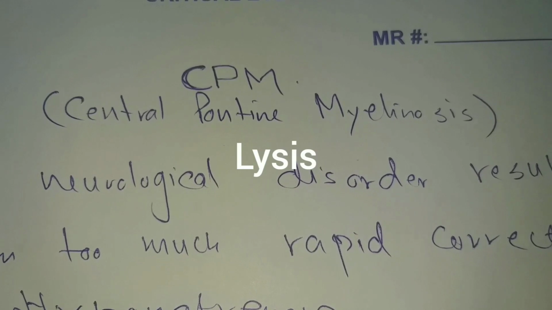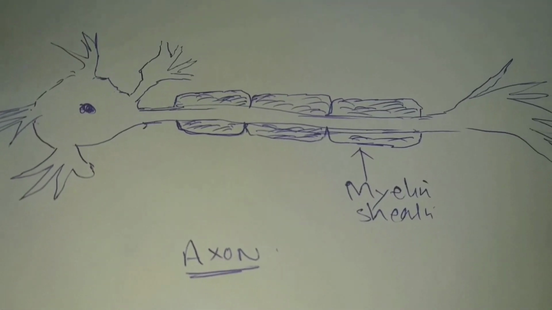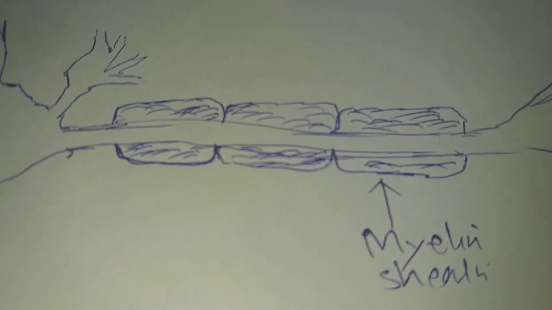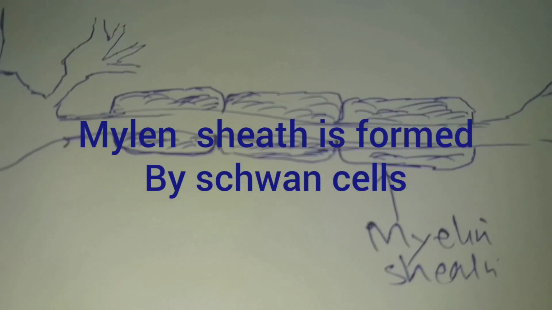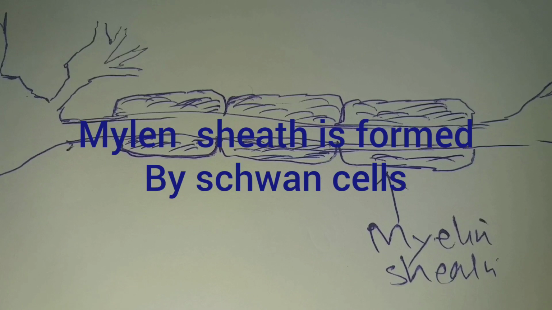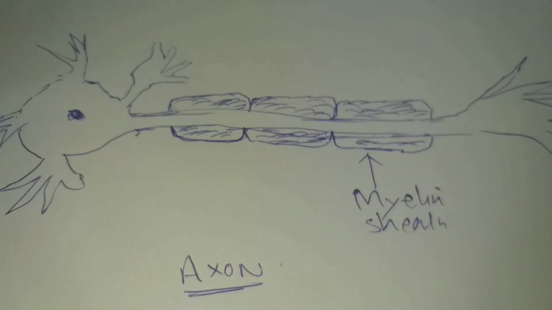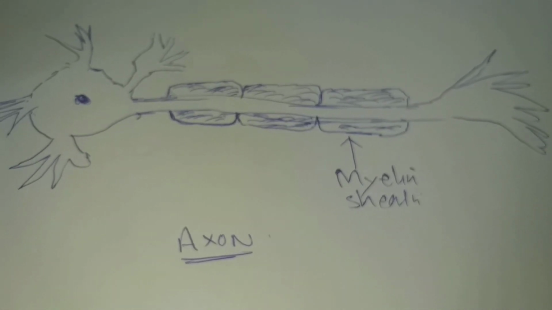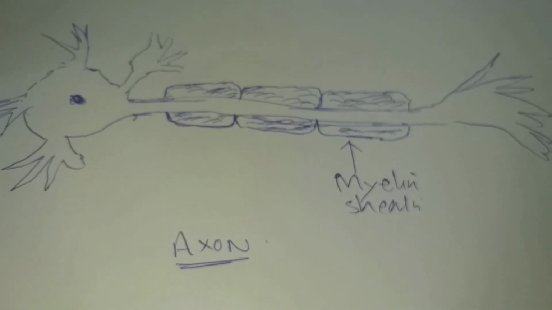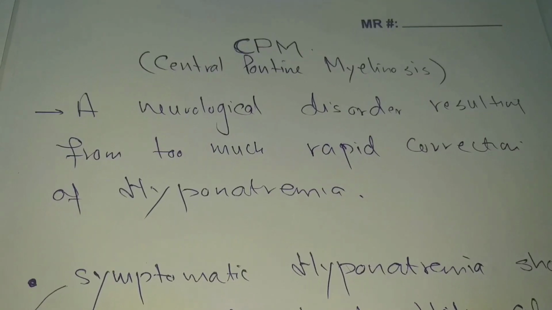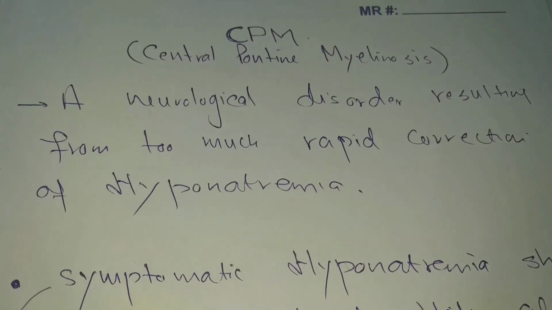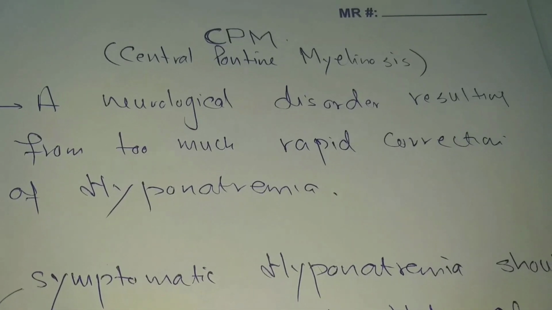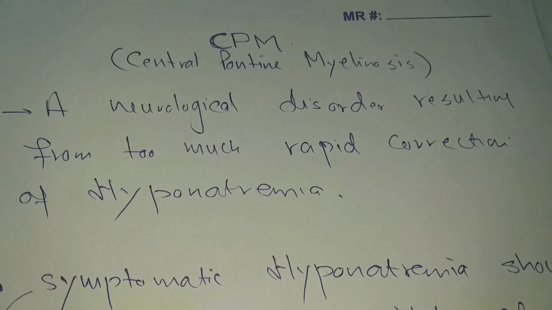What is the myelin sheath? The myelin sheath covers the axon, and whenever there is damage to the myelin sheath, we call it myelinolysis. And in case of the CPM, this myelinolysis happens as a result of rapid correction of the hyponatremia. The definition of the central pontine myelinolysis is a neurological disorder which results from too rapid correction of the hyponatremia.